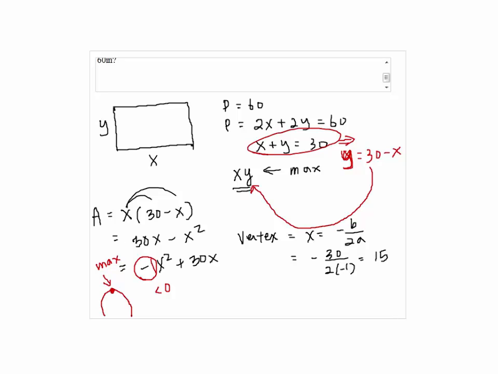So the answer will be 15 for x. And the corresponding area, which is in this case y, will be 15 times 30 minus 15. So the 15 times 15.